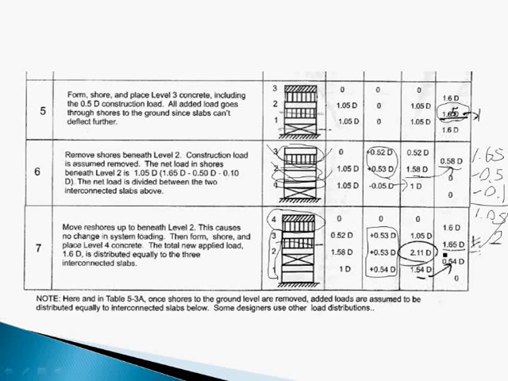Also, for you to figure out the load on the third floor shoring, you need to take its previous weight, which is 0.58, plus the load that has been transmitted through that, which is 0.53 plus 0.54, which gives us 1.07. In total, it just gives us 1.65. Again, you want to check whether you did it correctly or not.